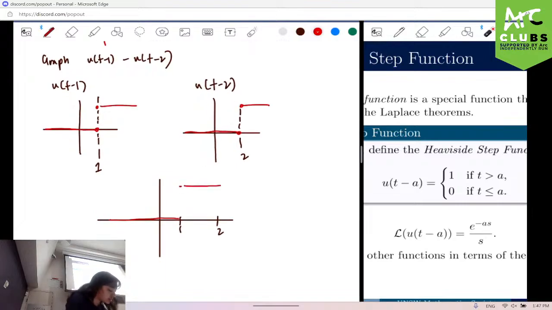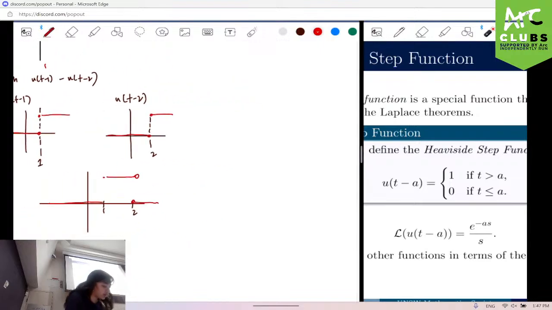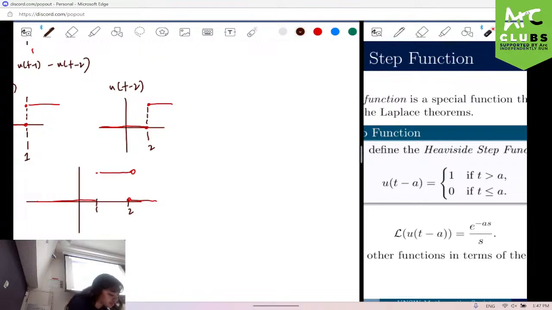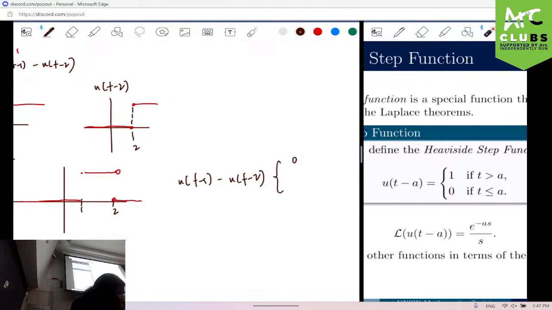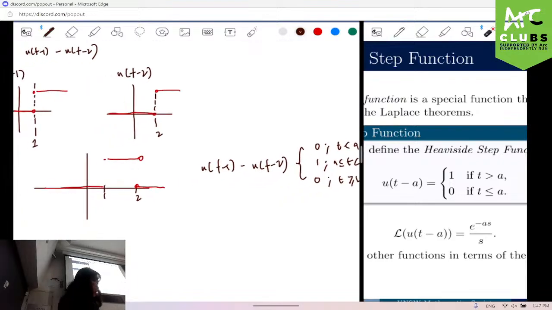And then the moment it touches 2, it will go back to 0. So one way we can represent this, u(t minus 1) minus u(t minus 2), is 0 for when t is less than a, it's 1 for when t is between a and b, and then it's 0 when t is greater than or equal to b.